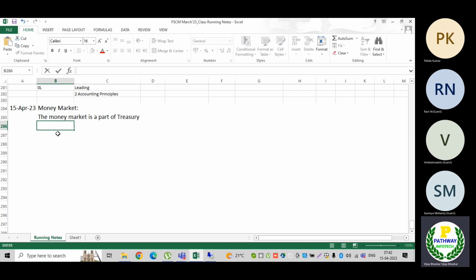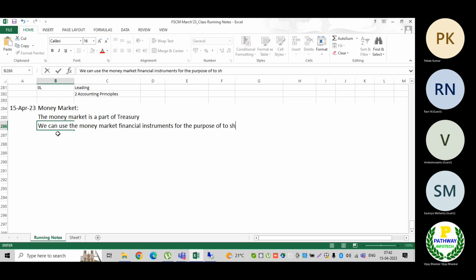We can use the money market financial instruments for the purpose of short and mid-term investments or borrowings.